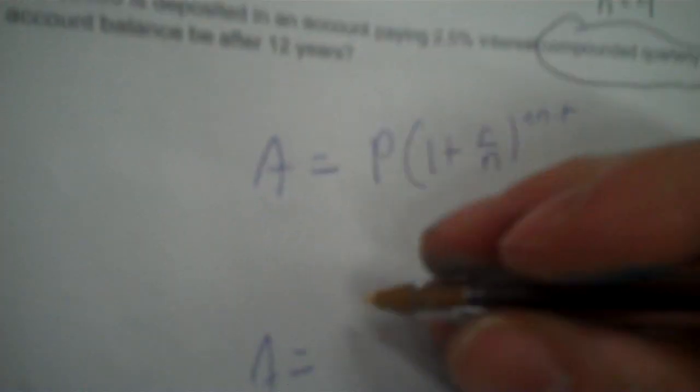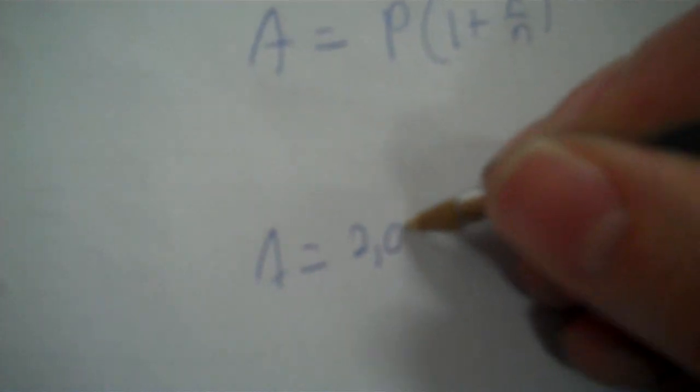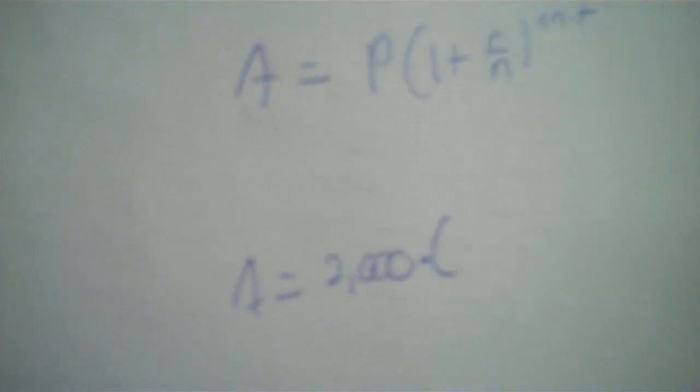And I flat out told you it's quarterly, so n is 4. And then t is the years, which is 12. So we just put them into the equation. So P is 2,000 times 1 plus the r, 0.025, divided by the n, which is 4.